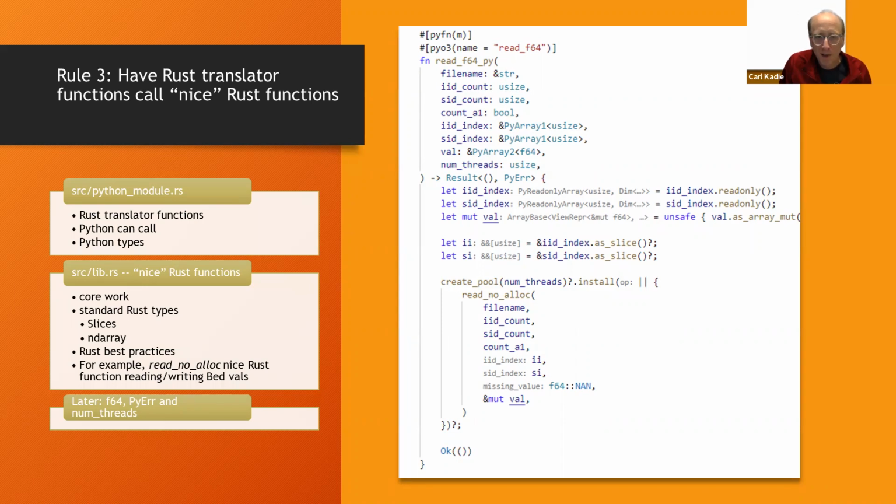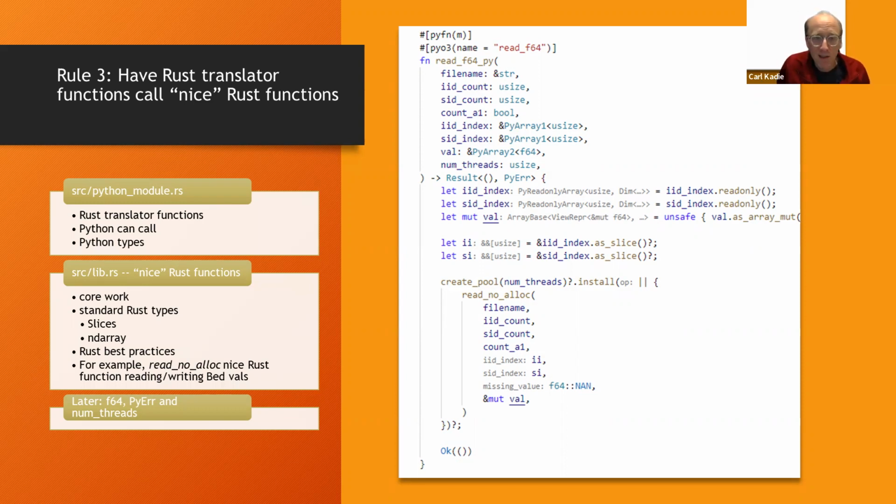Python can call it directly. I'm a little unhappy with what I did with the names here, but Python thinks the name is read underscore F64, and Rust thinks the name is read underscore F64 underscore pi. I think if I had to do it over again, I would give them the same name. I may fix that.